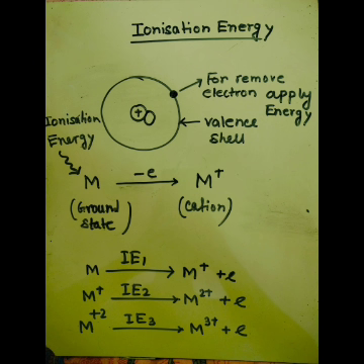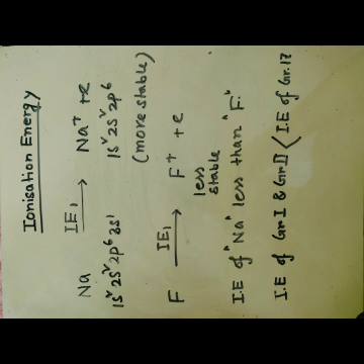Sometimes it is a very easy task to remove an electron from the outermost shell. Sometimes it is very tough. For example, group 1 and group 2 as well as the metallic elements are stable in their positive oxidation state.